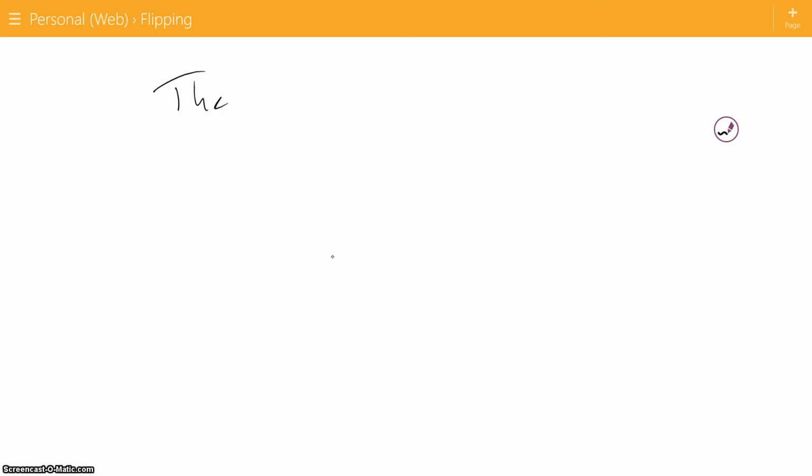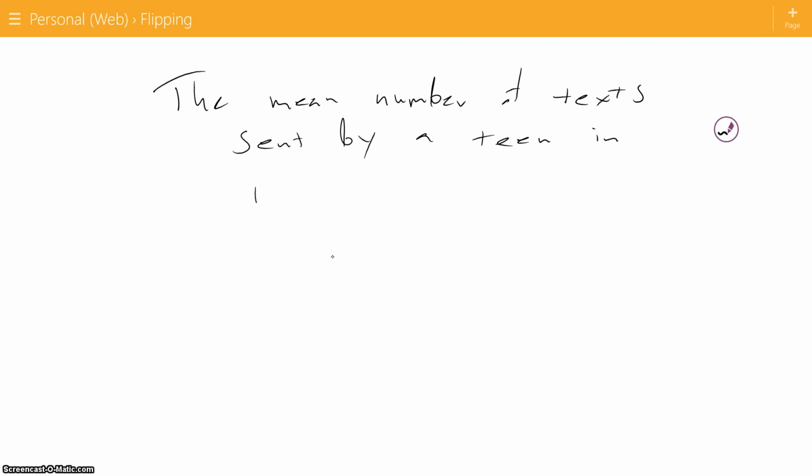Let's say the mean number of texts sent by a teen in the US is, what sounds like a good number, 142. I like that number.